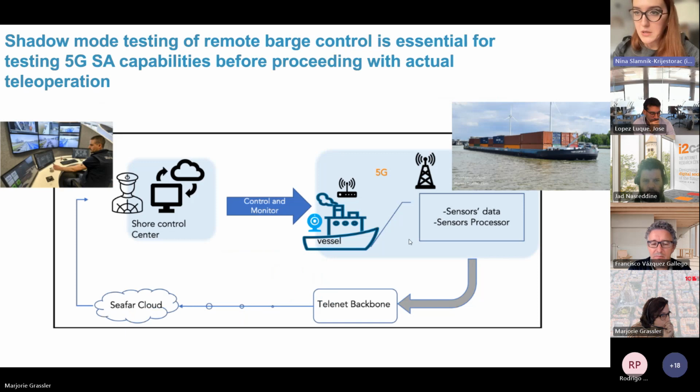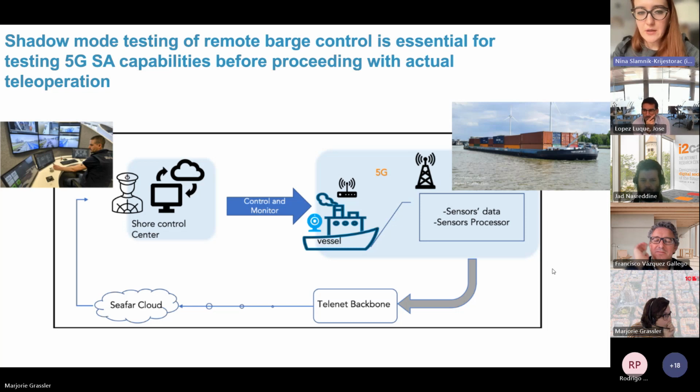Just maybe a quick recap of all of them. This is about the use case 1, which is the barge control. This use case has been tested in Antwerp pilot site mostly, where we evaluate the capabilities of 5G standalone in comparison with 4G, which is currently used by the company CFAR that is developing this use case.